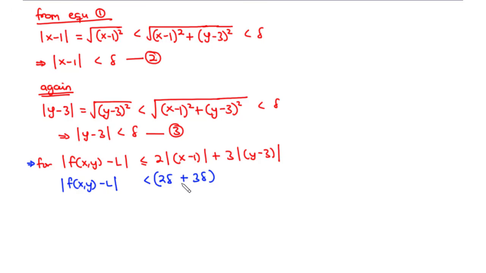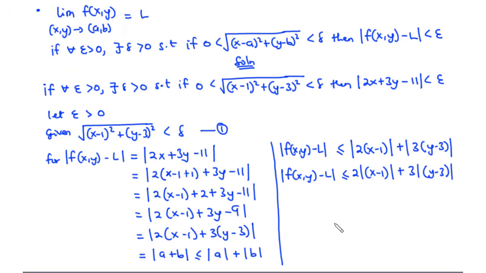Great. Now let's try to add these two. So we have the absolute value of f(x, y) - L, and that is less than 5 delta. Now we have |f(x, y) - L| less than 5 delta, and then here we have |f(x, y) - L| less than epsilon.